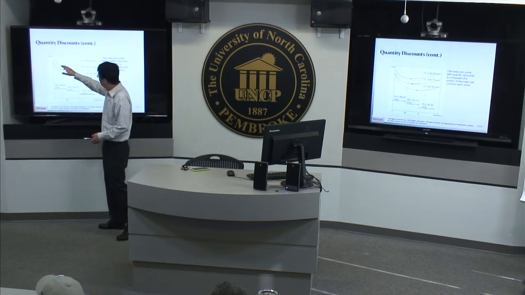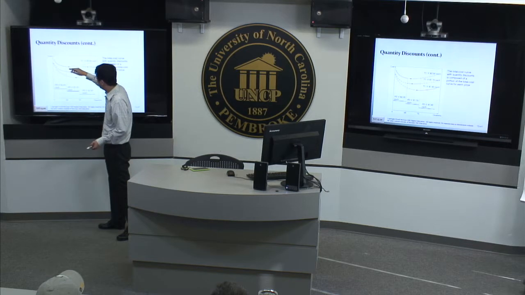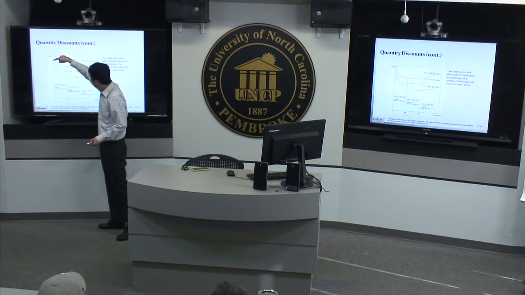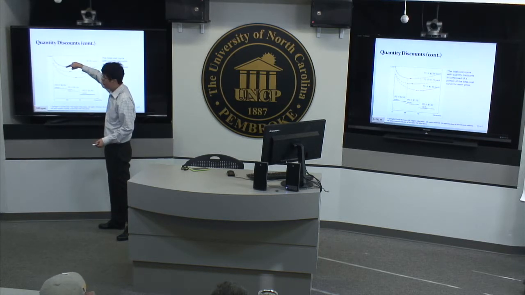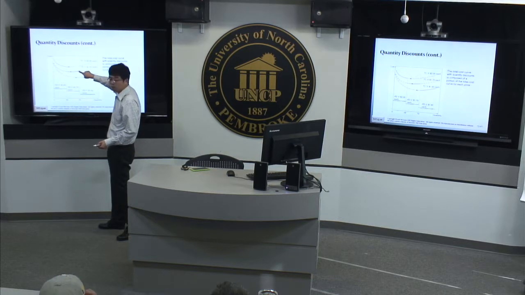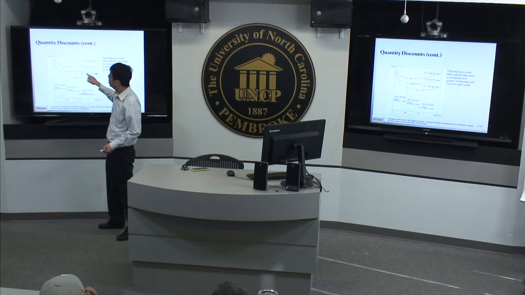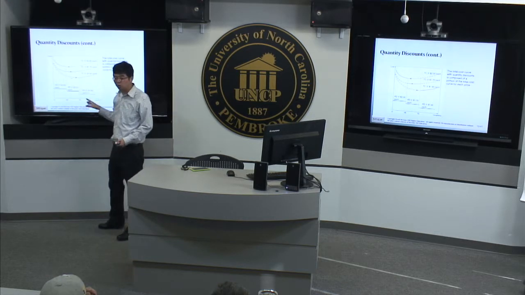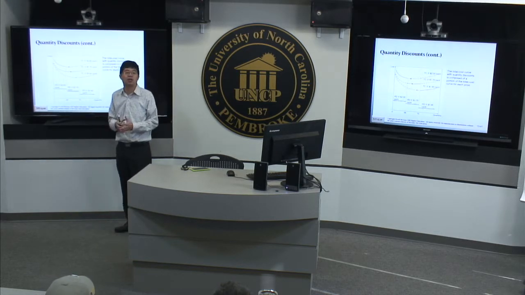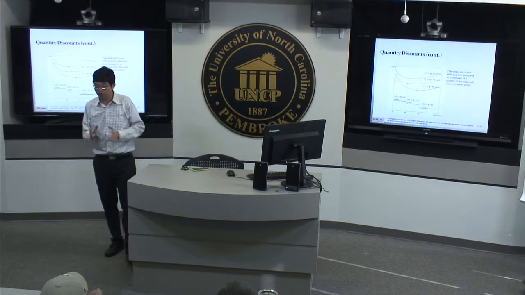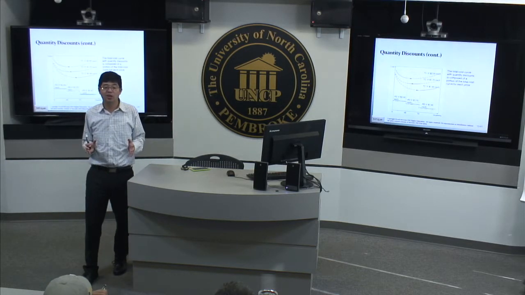So the real total cost function is three parts: the first part before 45, the second part from 45 to 70, and the third part above 70. So the three segments of these solid lines combined together is your total cost function for all the range. Clear? Questions?